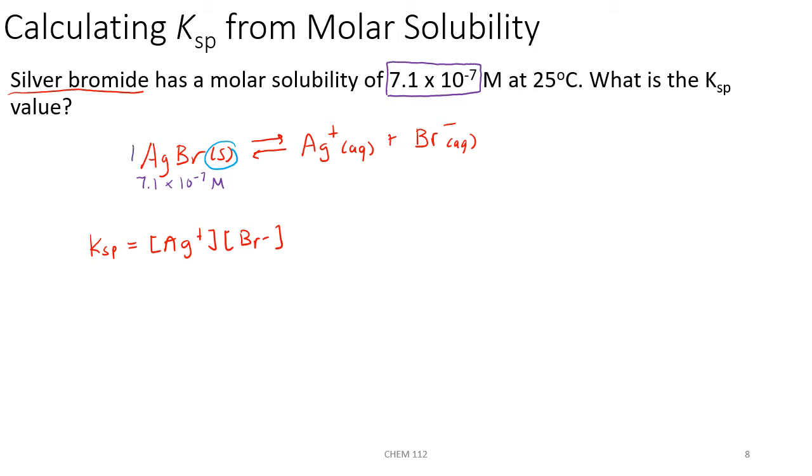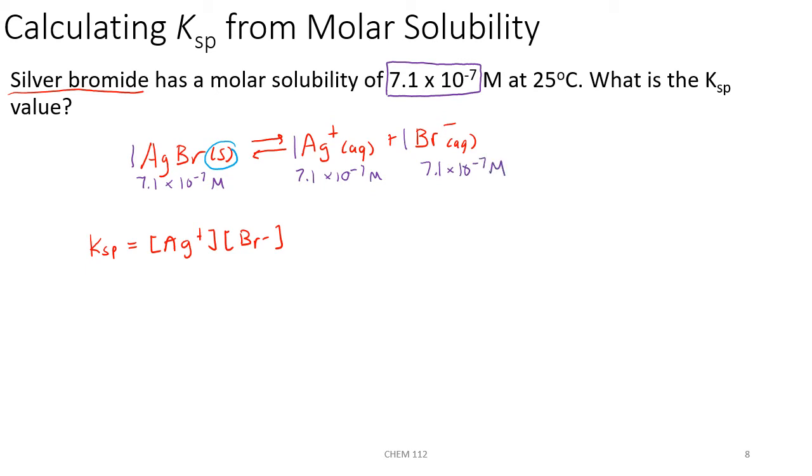Silver bromide has a 1-to-1 ratio with silver ions and bromide anions. So their concentrations are also going to be 7.1 times 10 to the negative 7th molar, because they have that same 1-to-1 concentration.